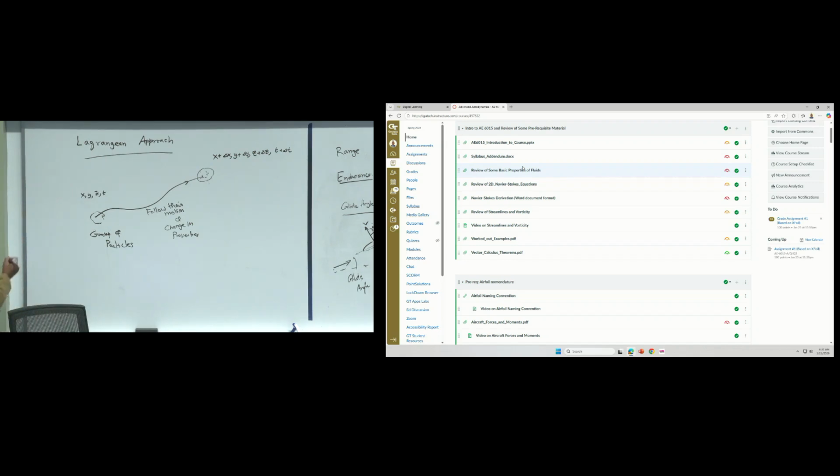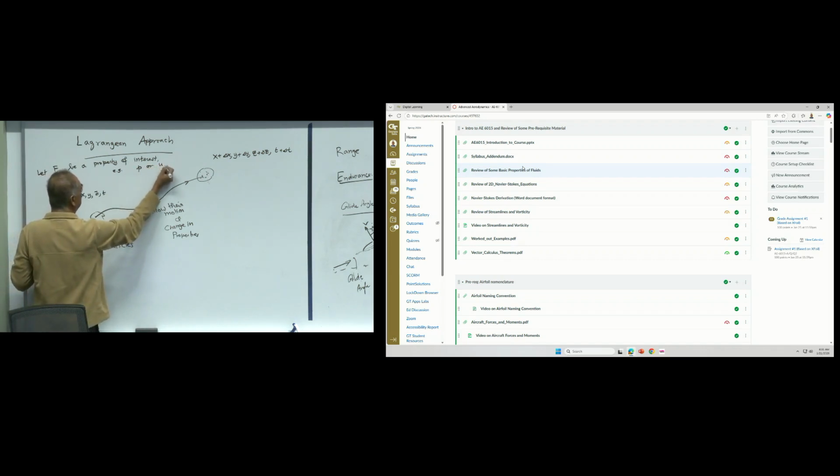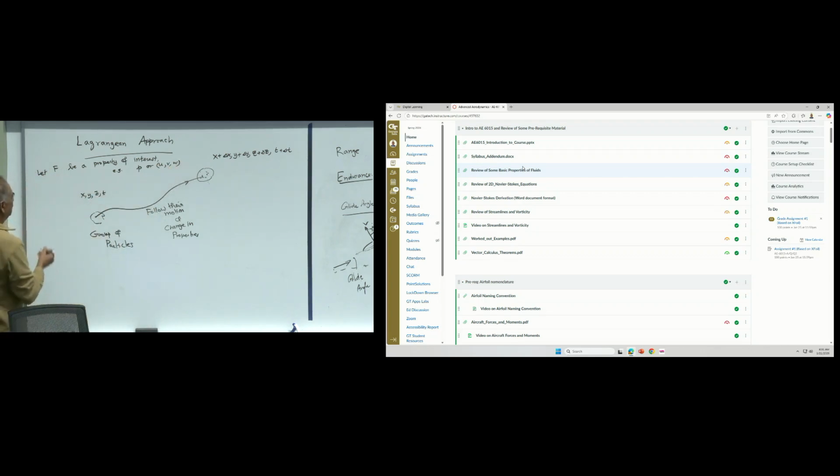So let's say F is a property of interest. For example, we have already talked about properties of the fluid: pressure, or the U, V, or W component of velocity, you name it. So we have some function f of x, y, z, t.